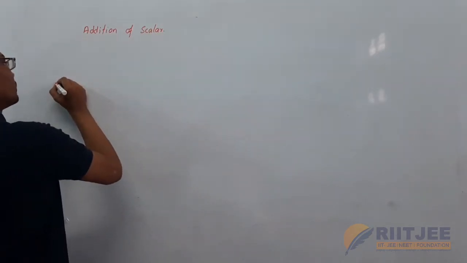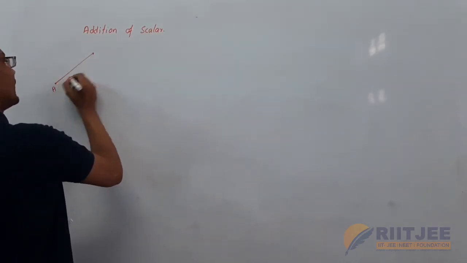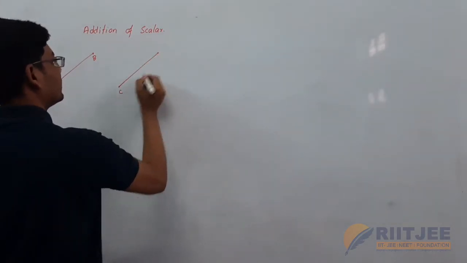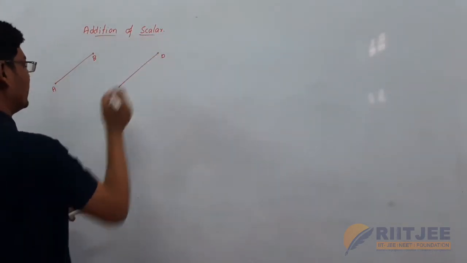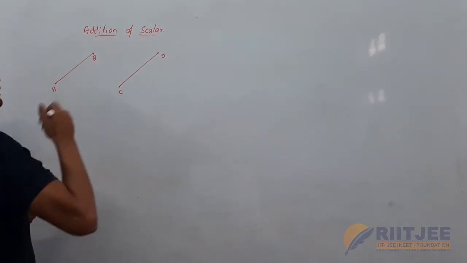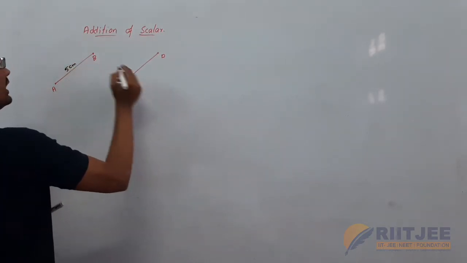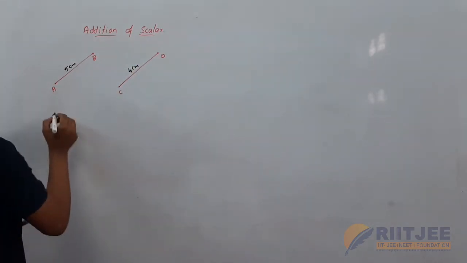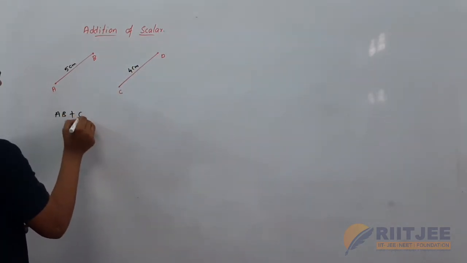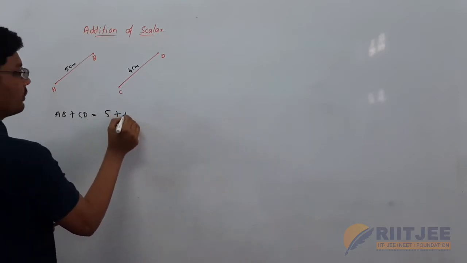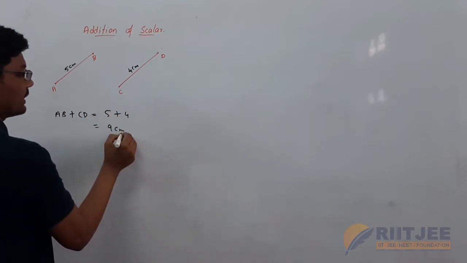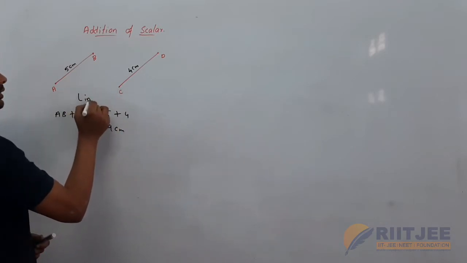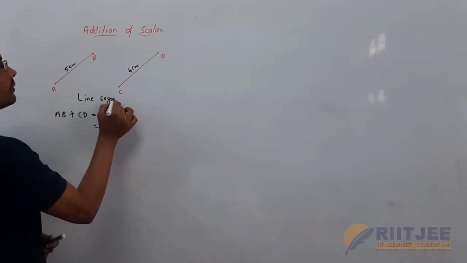This is AB, a line segment, and this is the line segment CD. It is having 5 centimeters and it is having 4 centimeters. Addition of scalars is nothing but AB plus CD, that is equal to 5 plus 4, that is equal to 9 centimeters. Directly you can write here. These are line segments.